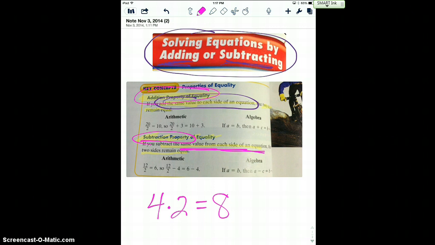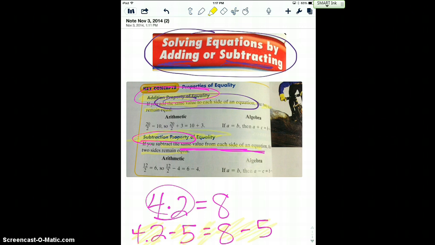So if I take this side, 4 times 2, and I subtract 5, it should be the same. It's not 8, but 8 minus that 5. So let's see if it is. 4 times 2 is 8, and 8 minus 5 is 3. And what do we get on this side? Well, 8 minus 5 is 3. So both sides of the equation are 3, so it does remain true.